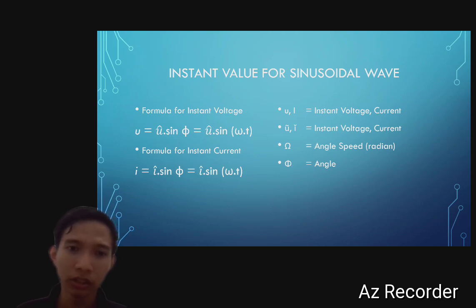For the current, it is the same as voltage, but we replace the voltage with the current, which is I, equal to sin times the angle, or we can say that the current I equals the maximum current times sin times omega times the time.